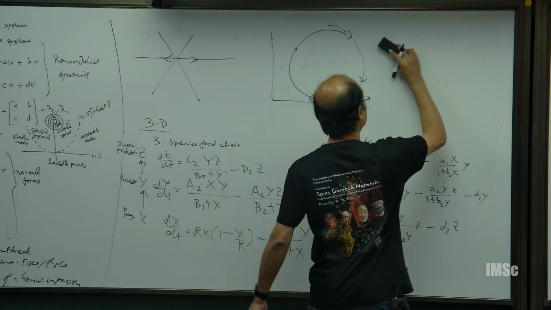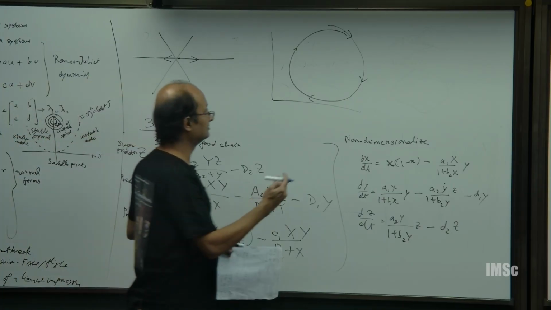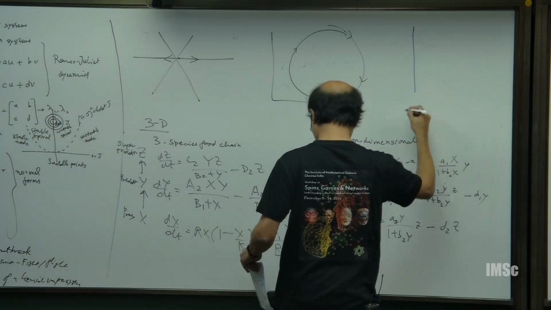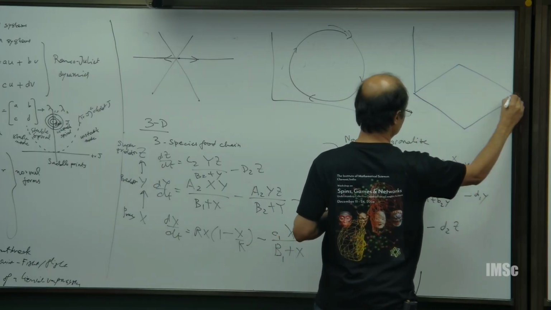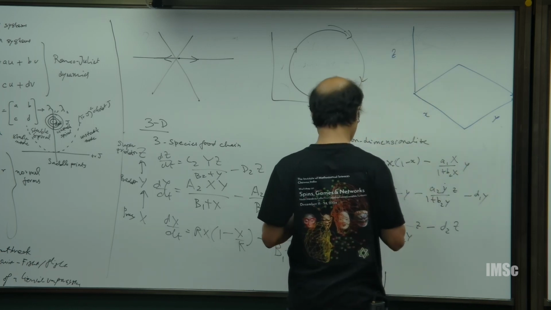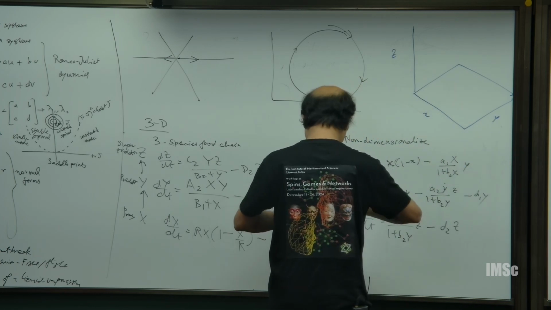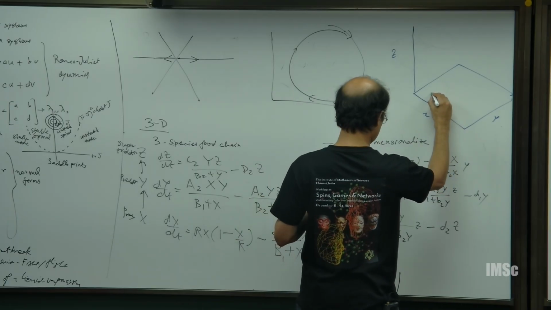So if you plot this, this is my x, this is my y, this is my z. This shows a behavior something like this.